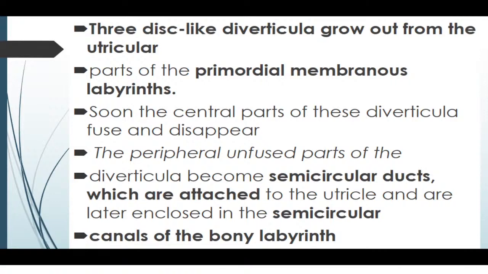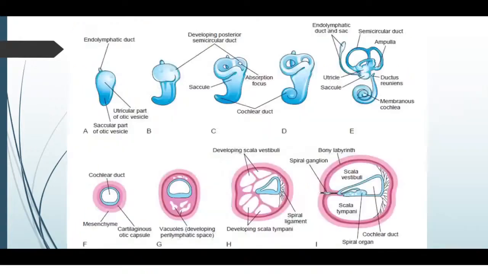Three disc-like diverticula grow out from the utricular part of the primordial membranous labyrinth. The central parts of these diverticula fuse and disappear. The peripheral unfused parts of the diverticula become the semicircular ducts, which are attached to the utricle and later are enclosed by the semicircular canals of the bony labyrinth.